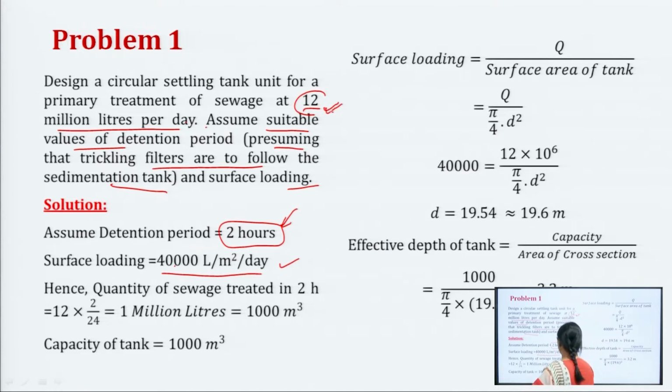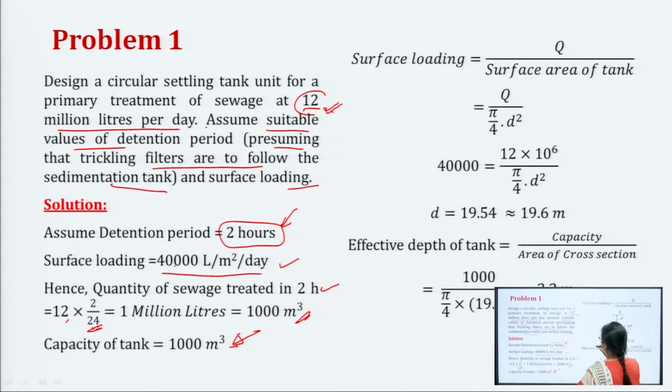Then in 2 hours how much will it be? 12 into 2 by 24, right, 24 hours per day. So, 1 million liters, that means 1000 meter cube. The quantity of sewage treated in 2 hours is 1000, that is, the capacity of the tank should be 1000 meter cube, right.